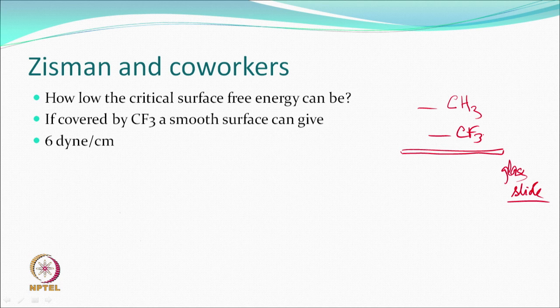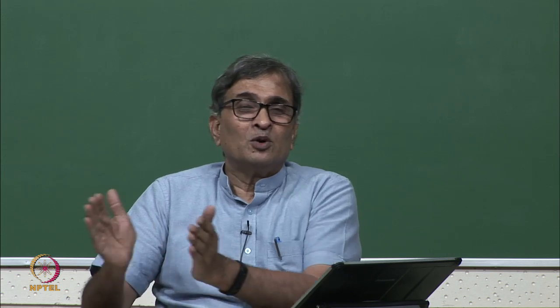Now, compared to this value, remember, oil is about 30, organic solvent about 23 to 28, 29. These have more surface tension compared to this surface. Definitely, then these can also be repelled.